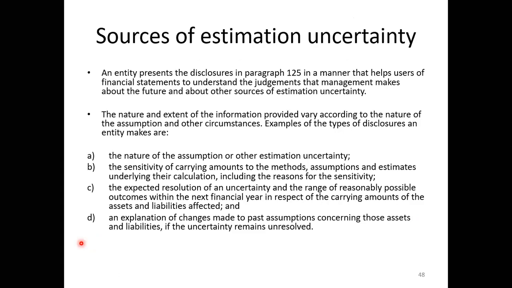And an entity presents the disclosure in paragraph 125 in a manner that helps users of the financial statement to understand the judgment that management makes about the future and about other sources of estimation uncertainty. The nature and extent of information provided vary according to the nature of the assumption and other circumstances.